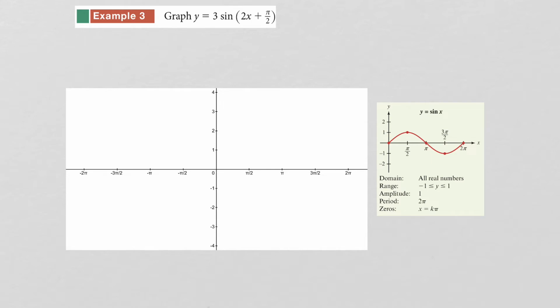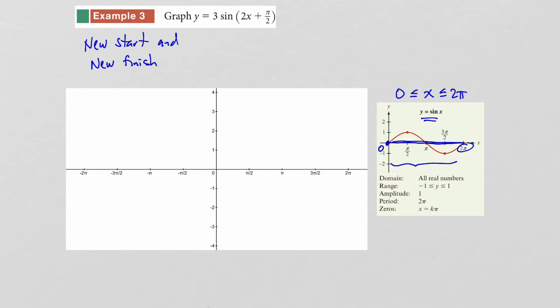So what I'm going to do here is I'm going to remind you that for the normal sine cycle, when we say y equals sine of x, x is a number in between 0 and 2 pi, right? This is our first cycle along the x-axis here. Start at 0, end at 2 pi. What we want to do for this problem is we want to find our new start point and our new finish point.